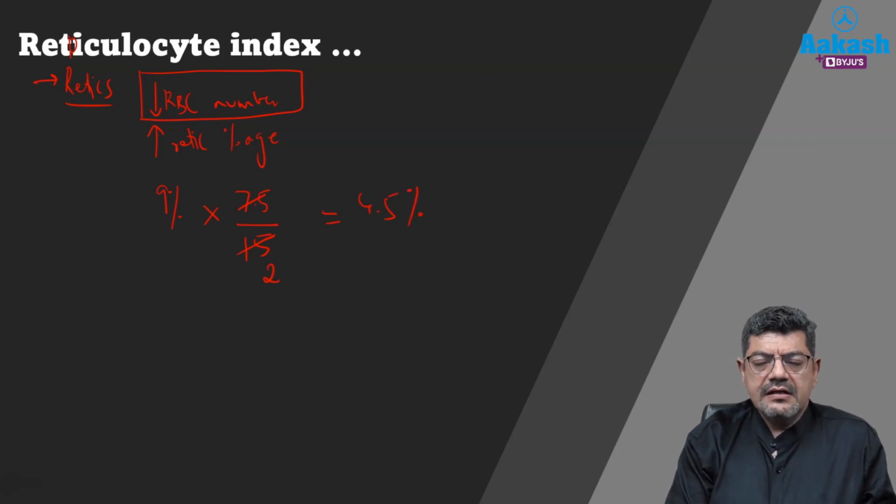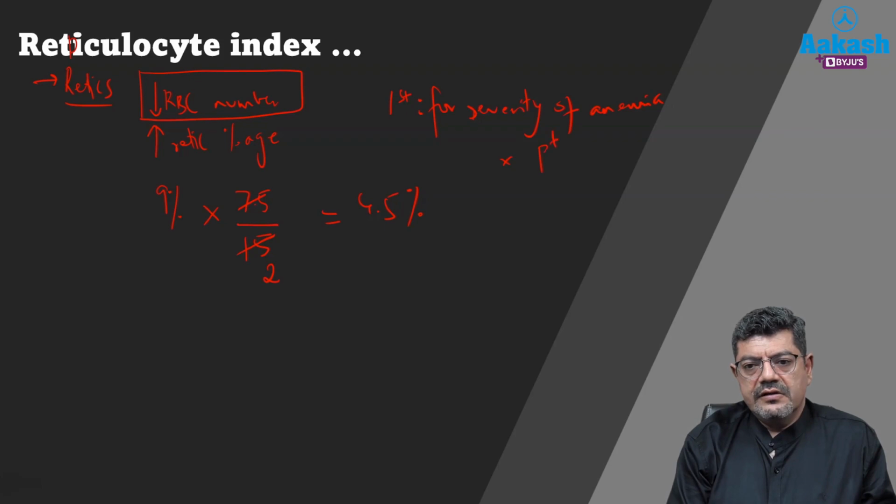So there are two corrections. The first correction is for severity of anemia. It's a multiplication with the patient's hemoglobin relative to the expected normal hemoglobin at that age, right? The age and sex of the patient, right?